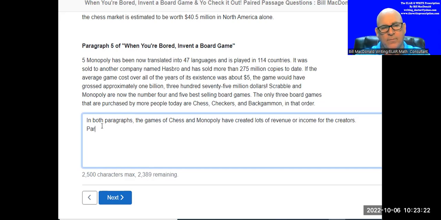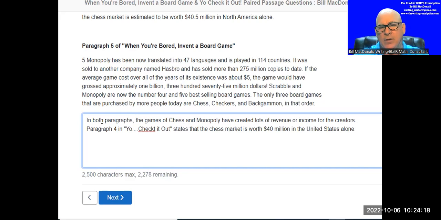Paragraph 4 in Yo Check It Out states that the chess market is worth $40 million in the United States alone.